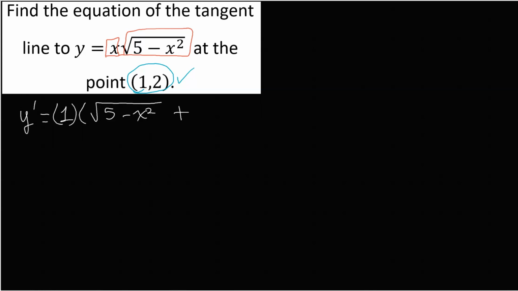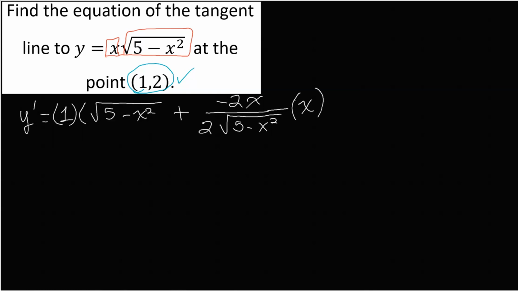The derivative of the second is the derivative of a square root function, which is 1 over 2 square root of, I'm going to keep that input the same, 5 minus x squared, when I am applying the chain rule here, multiplied by the inside derivative, which would be negative 2x. I'm going to write the negative 2x up on top here, multiplied by the first function, which would be x.